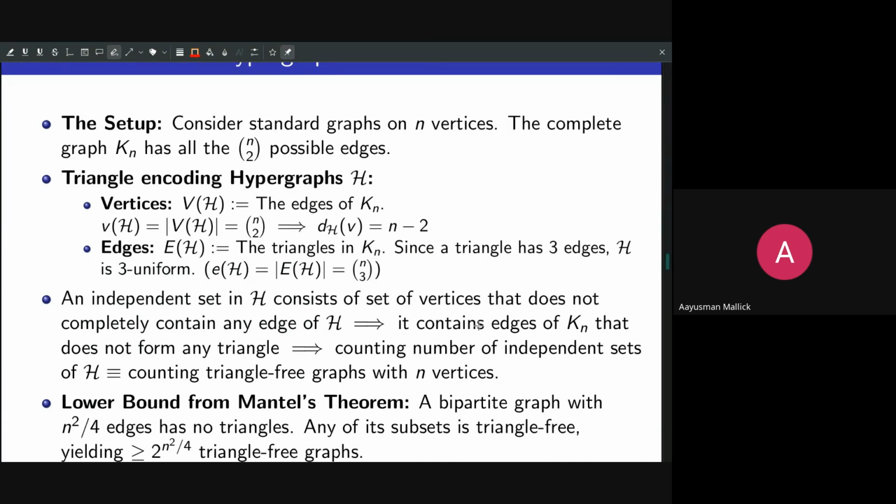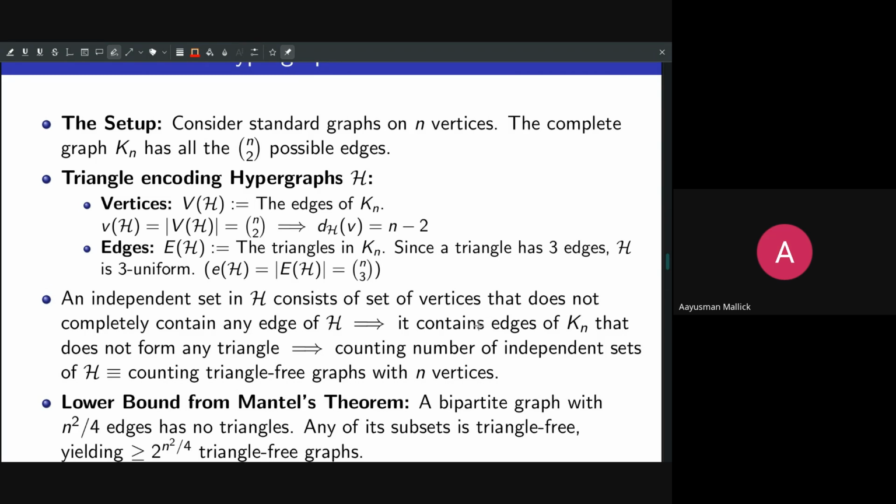Even if you don't consider that, our main motivation here was counting graphs on n vertices with no triangles. And for that, we concluded that counting the number of such graphs is equivalent to counting the number of subgraphs of Kn with all its vertices but not all of its edges.